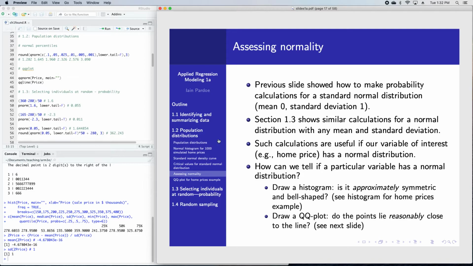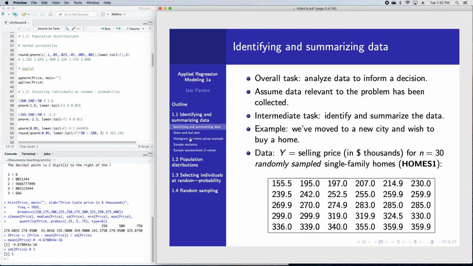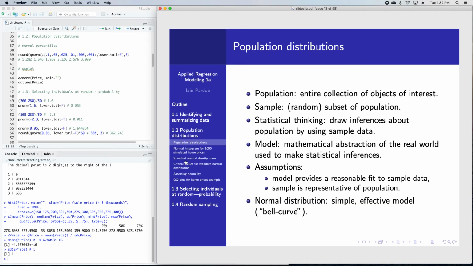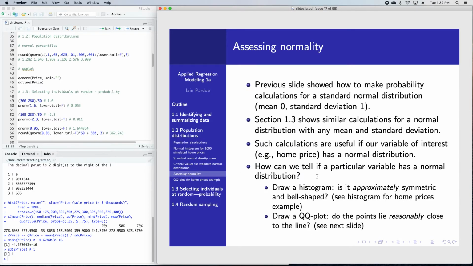When we drew a histogram in the last video, we selected the intervals to be 150 to 175, 175 to 200, and so on. If we'd picked the intervals slightly differently, the appearance of the histogram could change, sometimes quite dramatically, especially with small samples.